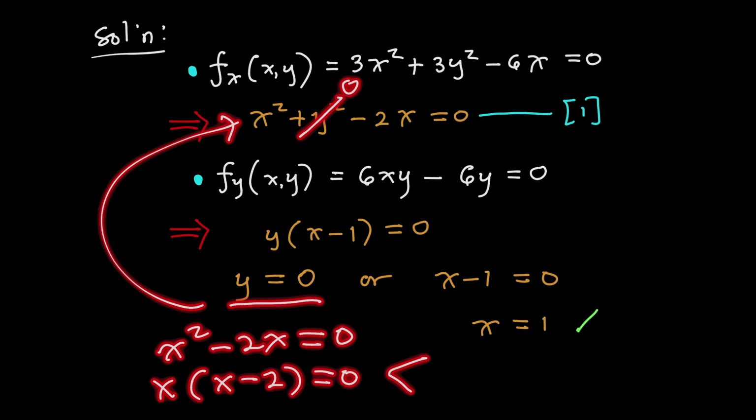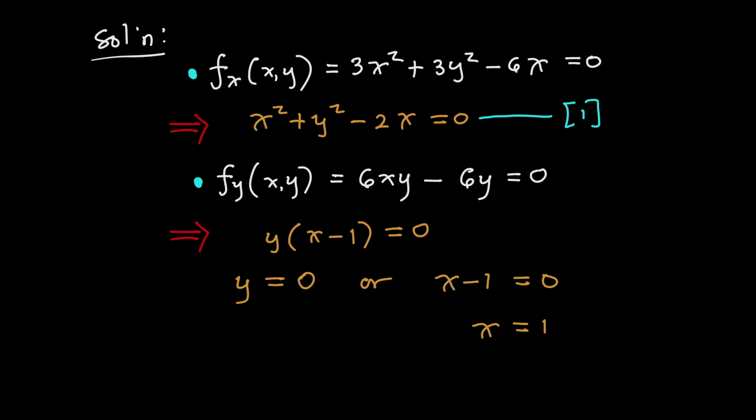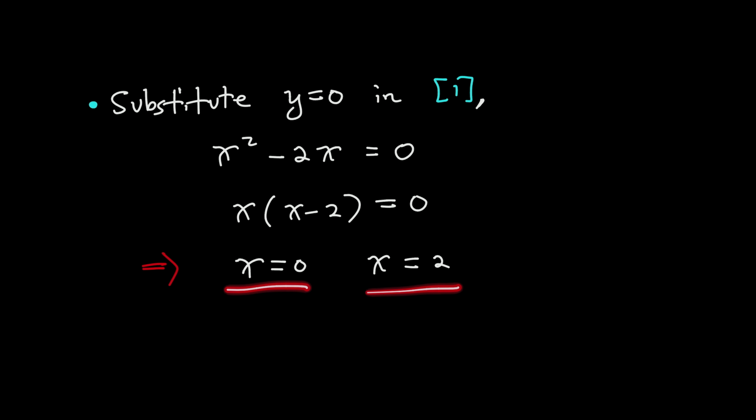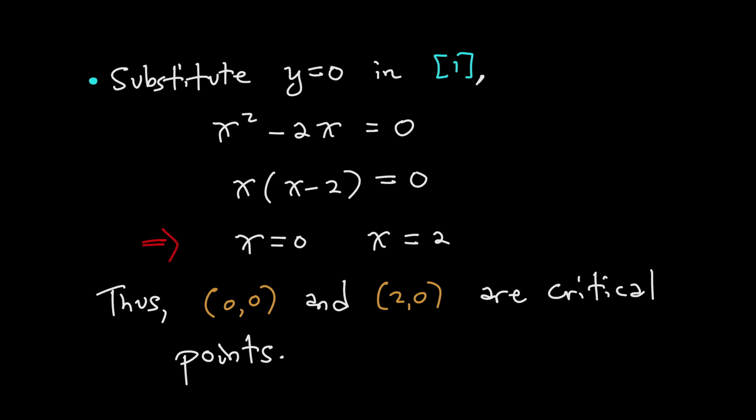This gives us the possible values of x, which are x equals 0 and x equals 2. Therefore, we have two critical points for this case.